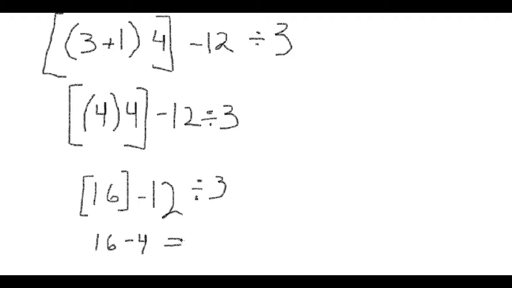The next step we'll take is division here. So what we'll do is 12 divided by 3. So we're left with 16. 12 divided by 3 is 4, so negative 4. So we're left with 16 minus 4. Now if you were to do the math, 16 minus 4 will give you 12. So the answer to this problem is 12. You ready to solve this?